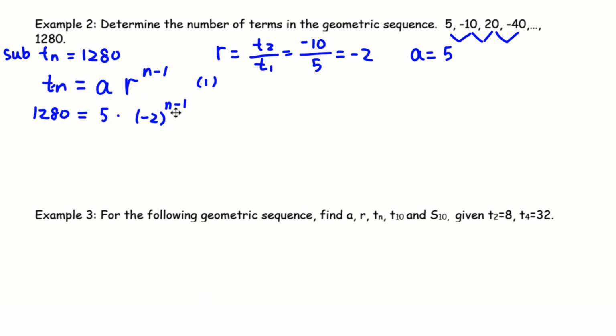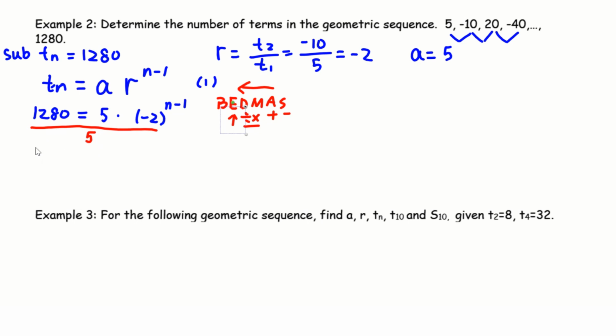So we isolate n by moving terms to the other side, moving the 5 to the other side first. We do the backward of BEDMAS. So we do the adding and subtracting first. We don't have anything, it's multiplication. So now we do the multiplying and dividing. So we do this 5 first, then after that we do the exponent.